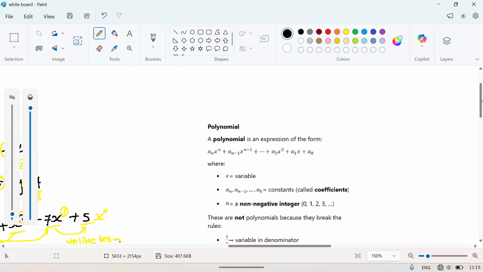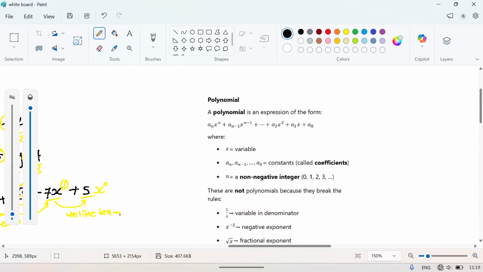Move to the next session, one of the most important parts of algebra in our first chapter, polynomials. In this session we just get a general introduction to polynomials. A polynomial is an algebraic expression in the form a_n x raised to n plus a_(n-1) x raised to n minus 1 plus up to plus a2 x squared plus a1 x plus a0, where x is the variable, a_(n-1) up to a0 are the constants or coefficients of the particular variable, and n is a non-negative integral value.